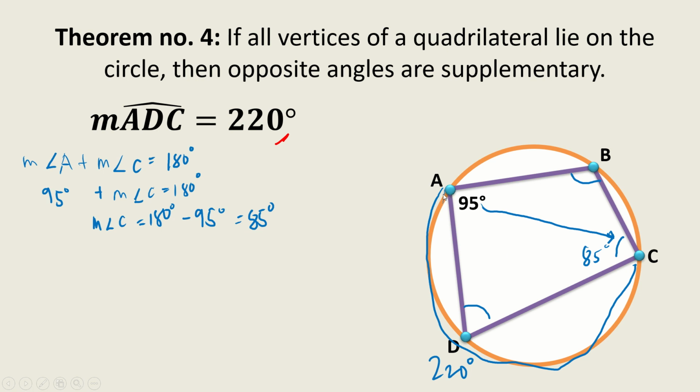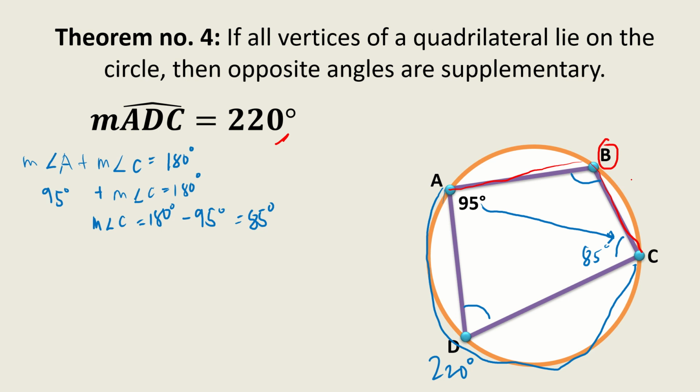Now, ano yung angle na nag-intercept sa kanya? So, we have si angle A, B, C, or simply angle B. Tingnan yung endpoints niya, ay endpoints din ng arc. So, that means si angle B ay in-intercept yung arc ADC.